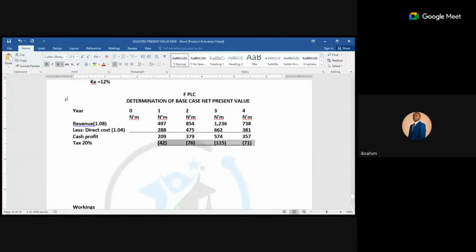So we have the cash profits after tax. So what do we have here? 167. What do we have here? 303.